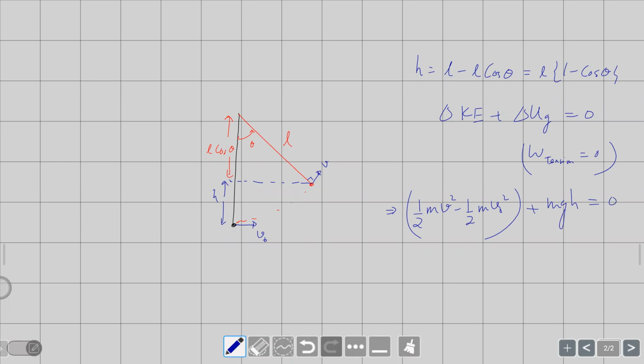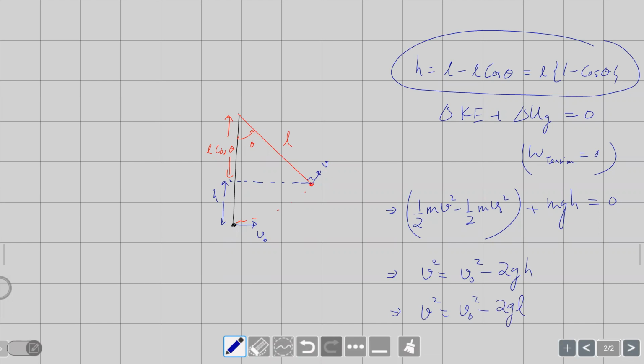So when we cancel off half m and solve this equation, writing v as the unknown quantity, we get v square is equal to v naught square minus 2 g h. And then we substitute this value of h, so we get it as a function of theta. So v square is equal to v naught square minus 2 g L into (1 minus cos theta).